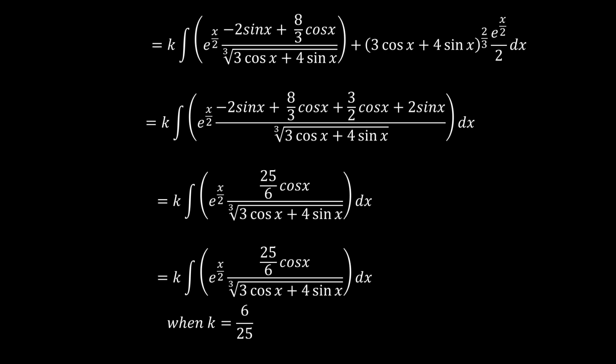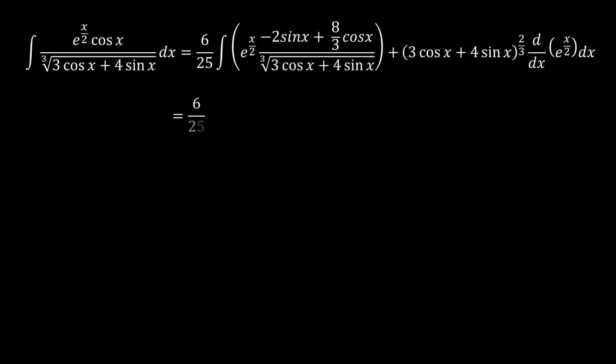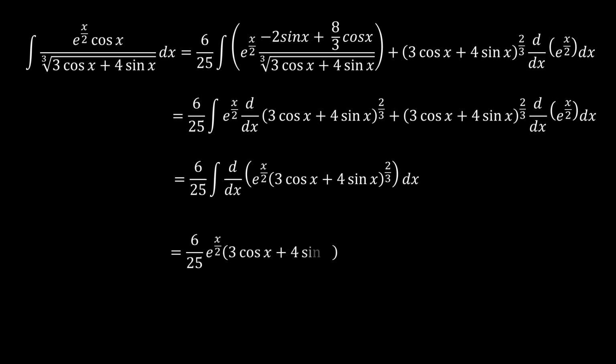So when k is equal to 6 over 25, both the left hand and the right hand sides are equal, and that means that our integral is 6 over 25 times the integral of the derivative of 3 cosine x plus 4 sine x to the power 2 over 3 and e to the power x over 2, right? As you can see.